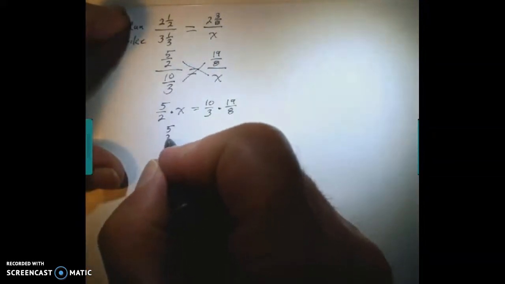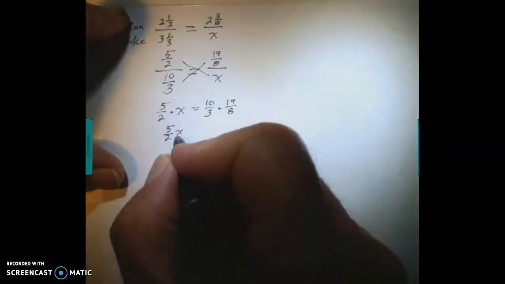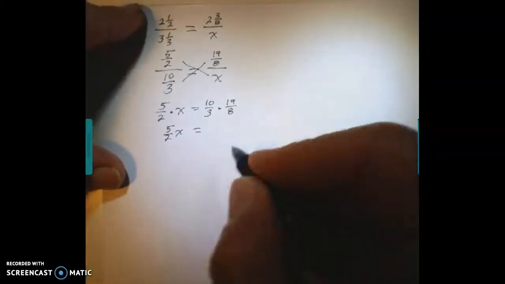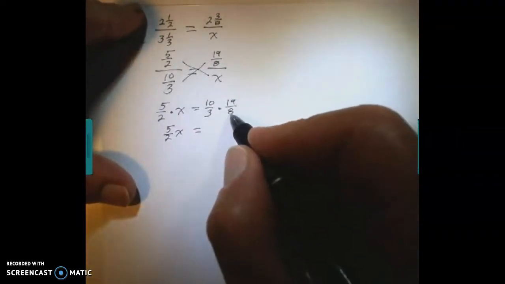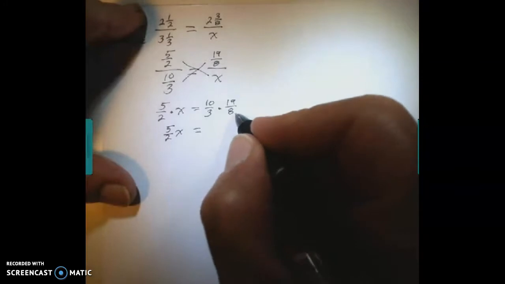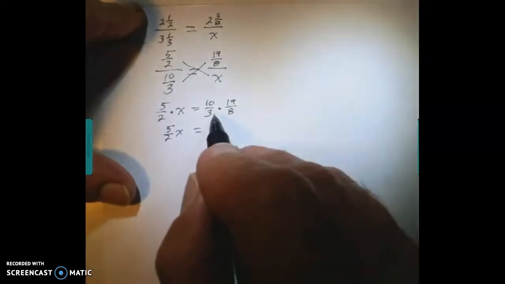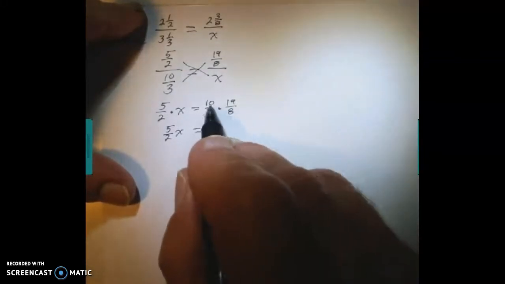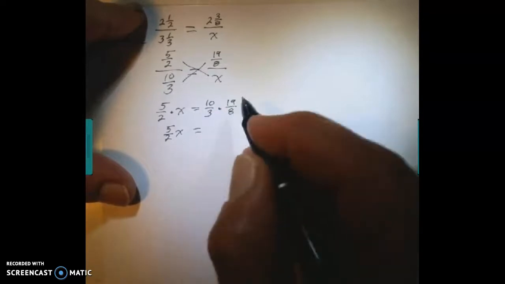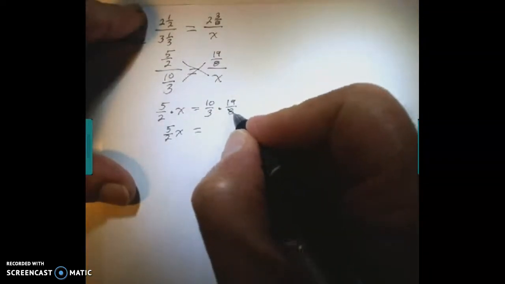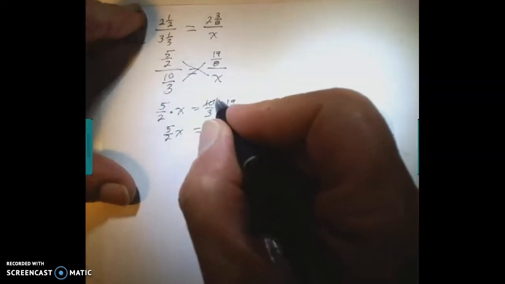This side is the easy one. Yes, you just drop the dot. It is 5/2 x equals. On this side, reducing before you multiply is a nice thing while the numbers are still small. 10 and 8 can both be divided by 2, so divide them both by 2. 8 divided by 2 is 4. 10 divided by 2 is 5.